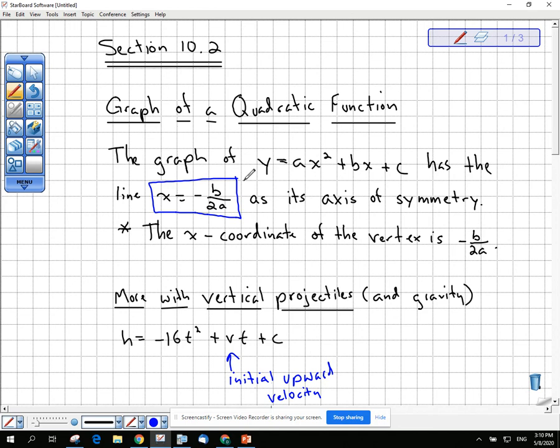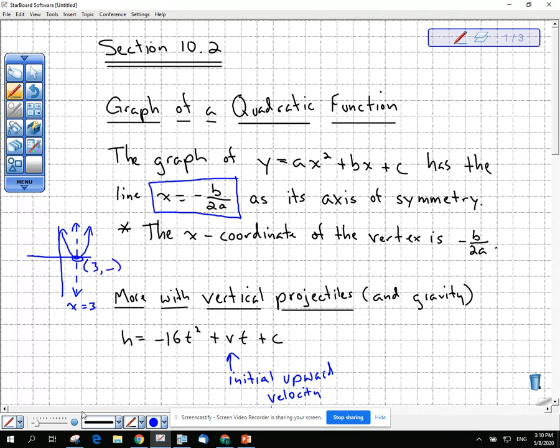Furthermore, it says the x coordinate of the vertex is negative b over 2a. So if you stop and think about that, I'll just draw a simple example over here. If you have some parabola like this, and its axis of symmetry is right here, and let's just say that's the line x equals 3, then no doubt this vertex right here is going to be 3 comma something.